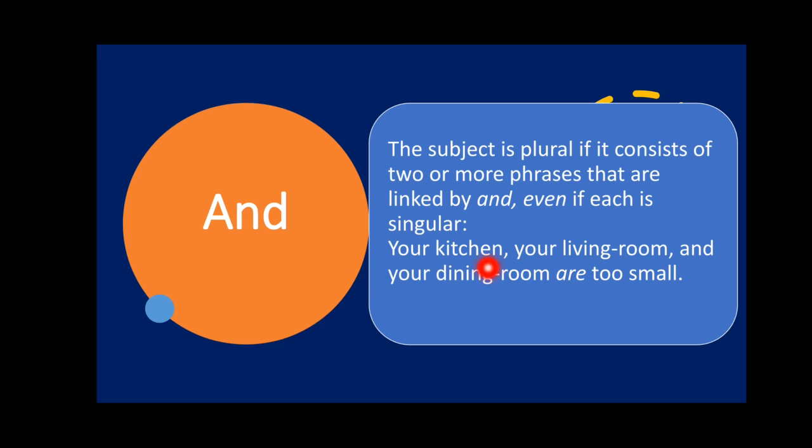Because all these phrases or nouns are linked with the conjunction and. So it is obvious that when two nouns or two phrases are linked with the conjunction and, even if each phrase is singular, the verb will be plural. Your kitchen, your living room, and your dining room are too small.